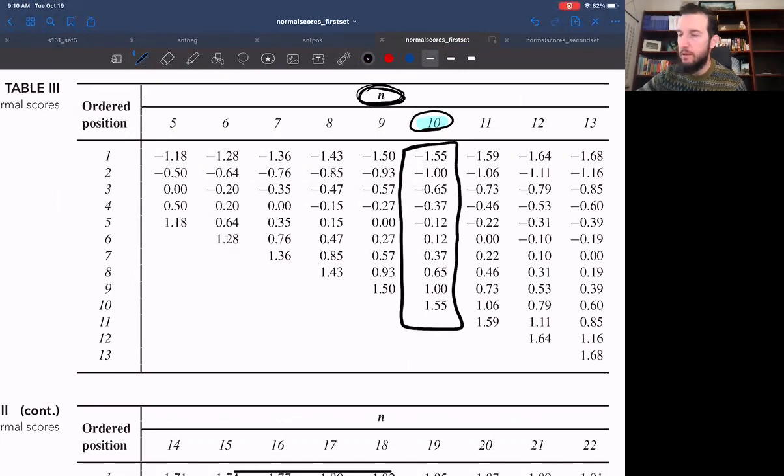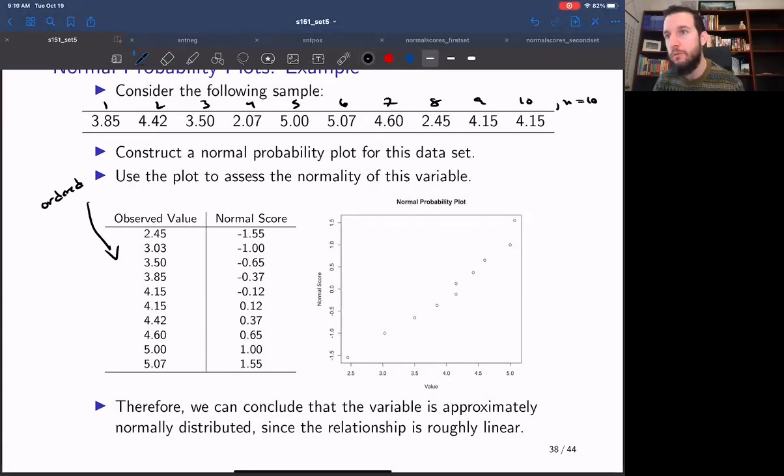Notice that I'm literally just pulling this set of values out and placing it next to my observed quantities. So this here is from table 3, n equals 10. All right. The last thing I do is create a scatter plot.